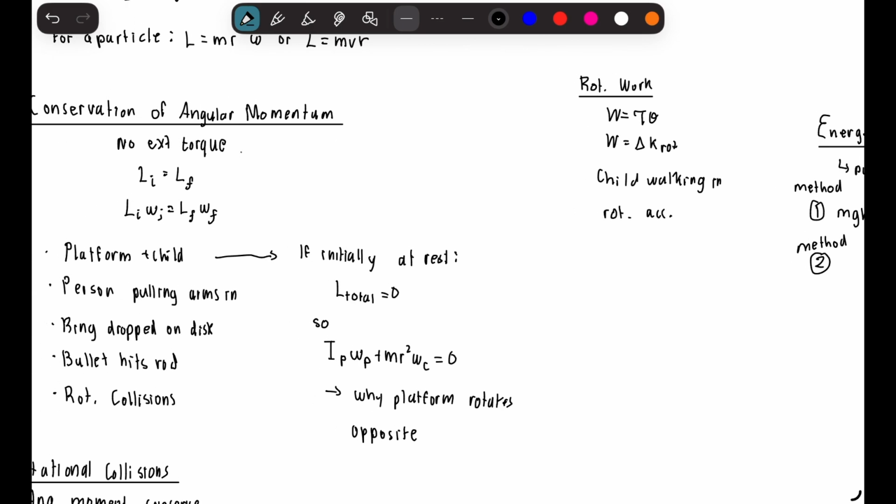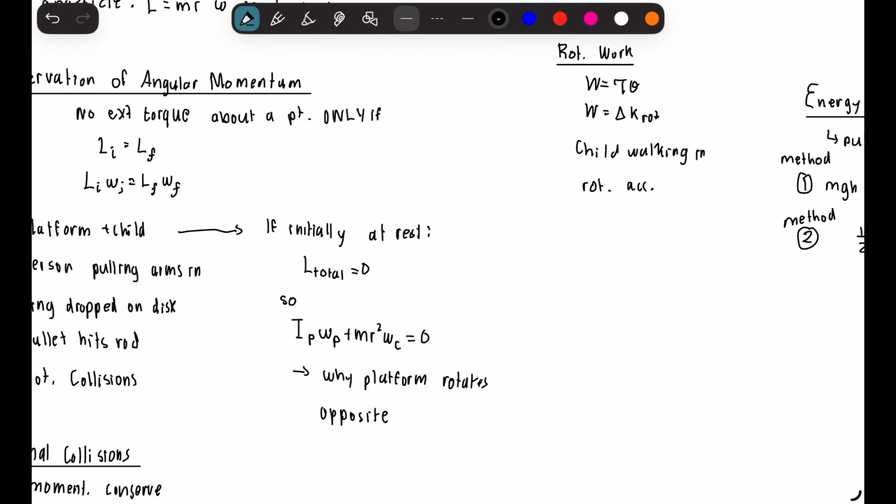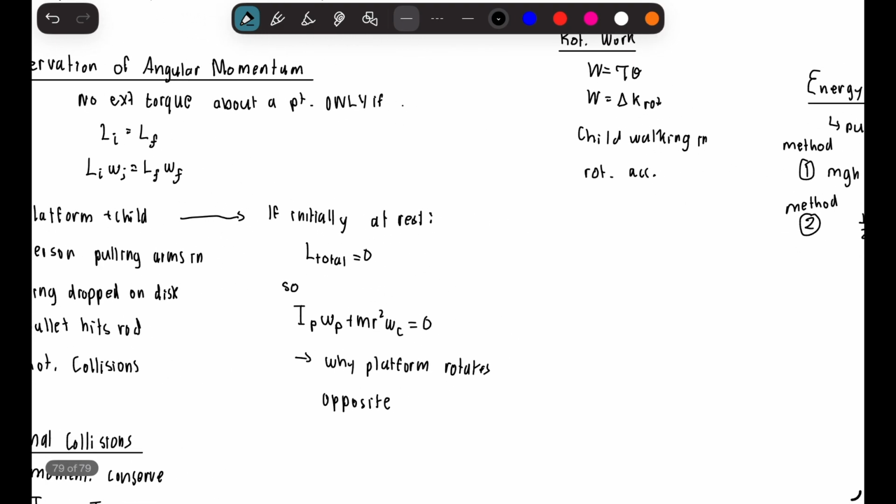Another thing about angular momentum that I want to touch upon is that angular momentum is only conserved about a point if the net external torque around that point is 0. And when we think about that, it can be kind of tricky when you're thinking about the bullet rod problem.